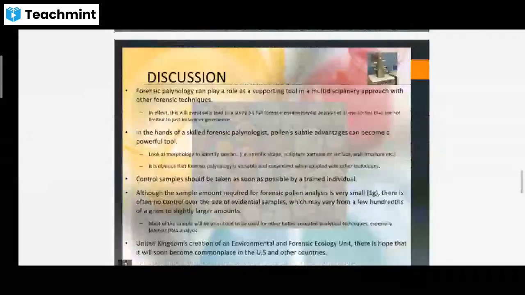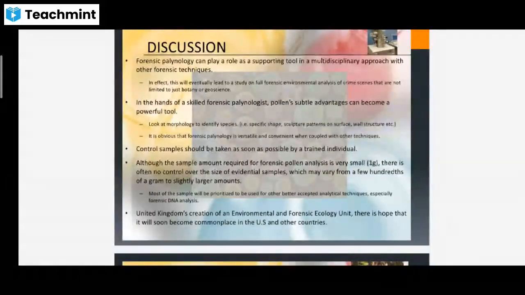Next is discussion. Forensic palynology can play a role as a supporting tool in a multidisciplinary approach with other forensic techniques. In effect, this will eventually lead to full forensic environmental analysis of crime scenes, not limited to just botany and geoscience.